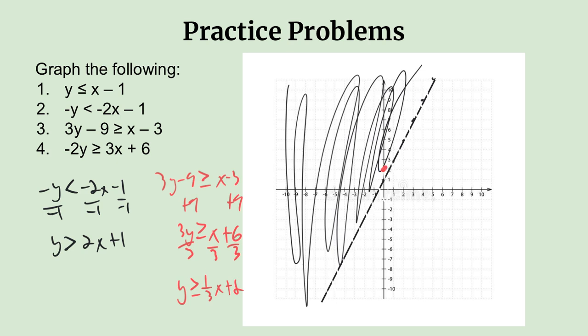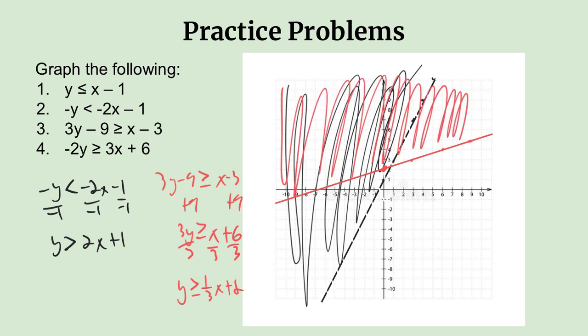Here, it's 1/3, so up 1 over 3, up 1 over 3, up 1 over 3. It's a solid line, and then it's everything greater than. So it's all this.